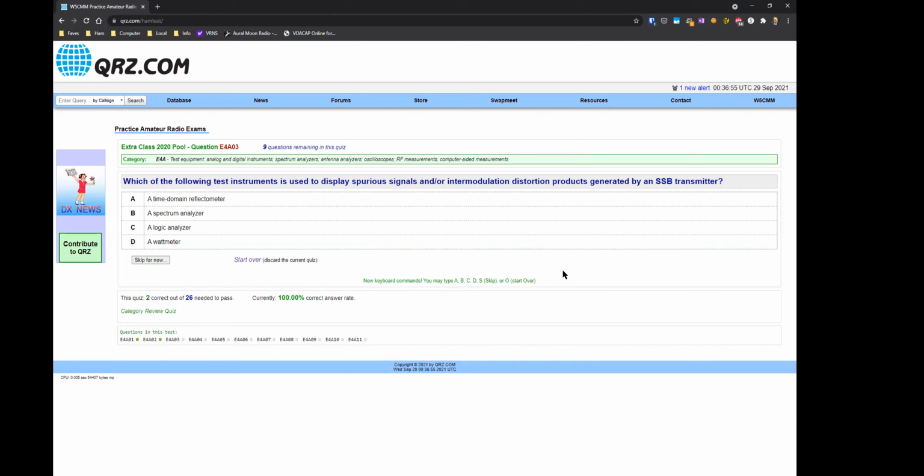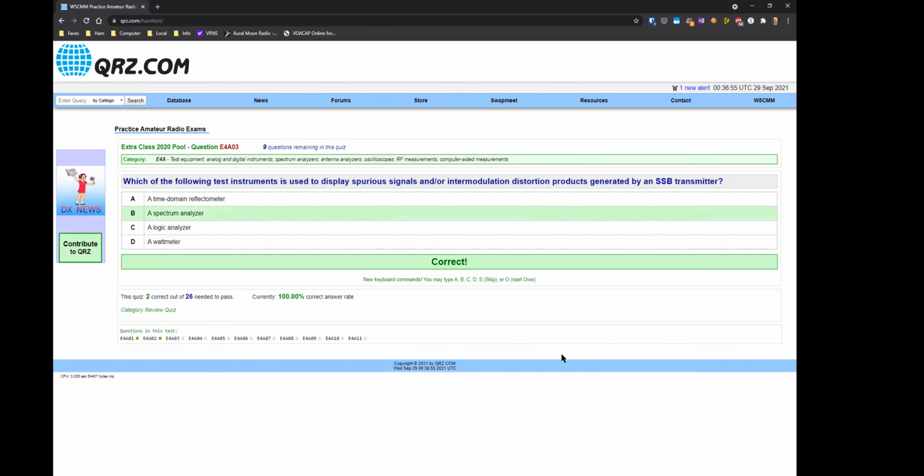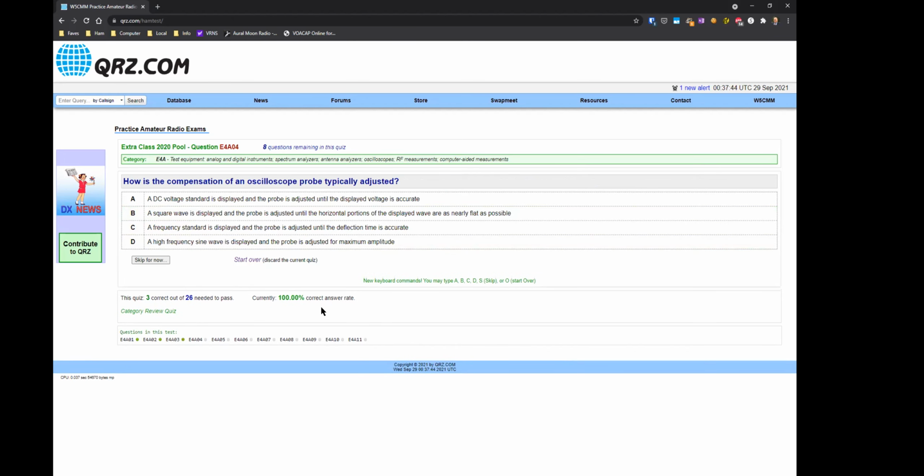Which of the following test instruments is used to display spurious signals and or intermodulation distortion products generated by an SSB transmitter? B. That's gonna be a spectrum analyzer. How is the compensation of an oscilloscope probe typically adjusted?